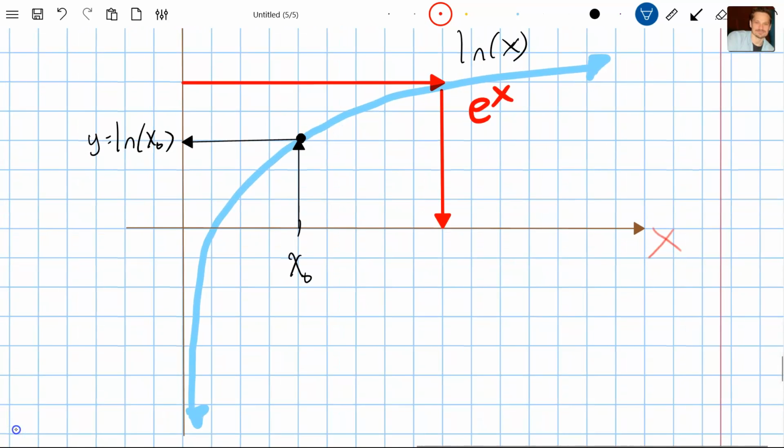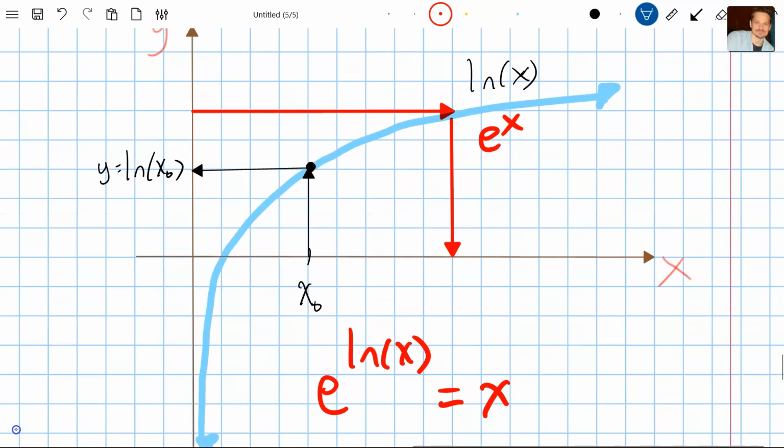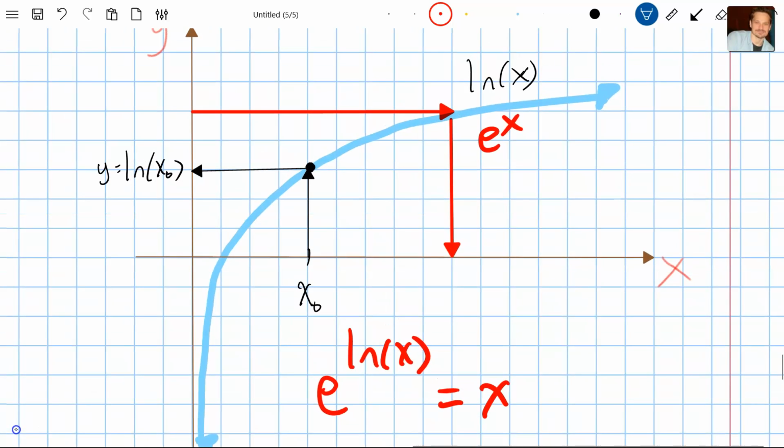Once you have that understanding in place, here comes a way of rewriting expressions that look like this. For example, e to the ln of x equals x. Why is that the case? Think about this for a second. Imagine that we grab an x from here and we feed it into our function. It's going to go this way and then come out over here. That output there will be ln of x.